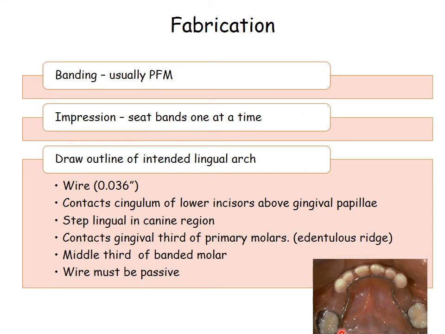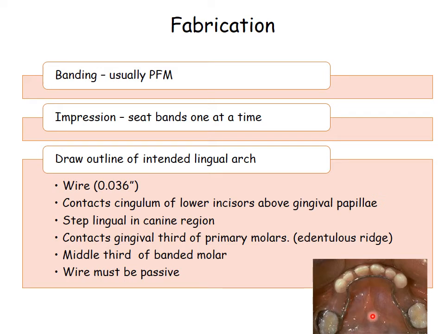The wire should contact the lower incisors at the cingulum above the gingival papilla. There should be a step lingual in the canine region, contacting the gingival third of the primary molars or the edentulous ridge, and the middle third of the banded molars. And the wire should not be active, it should be passive.